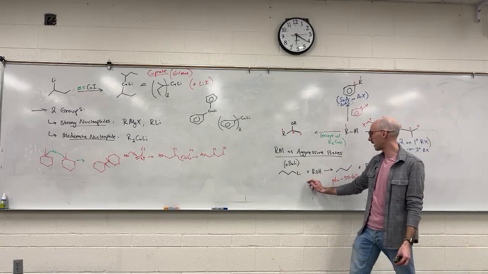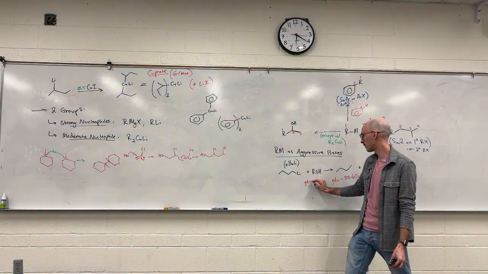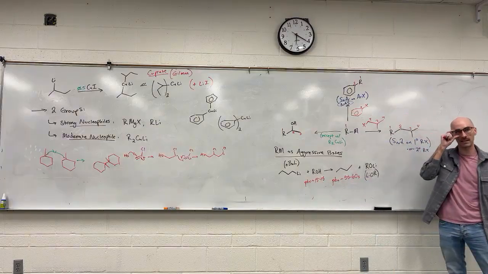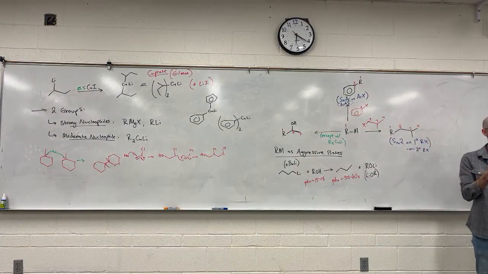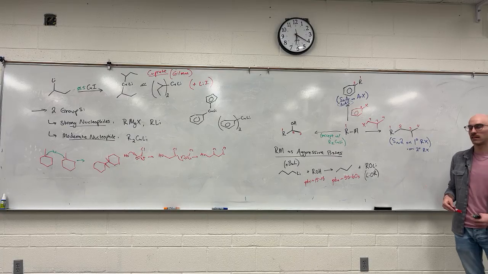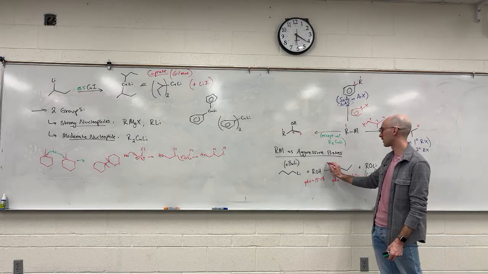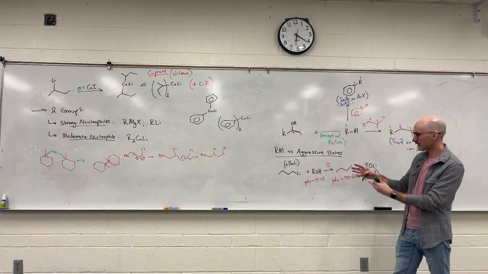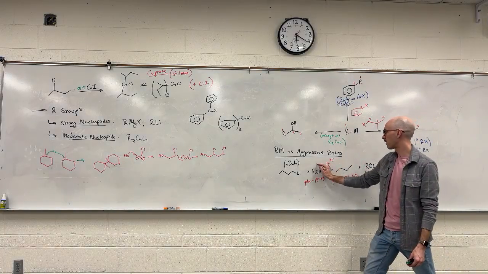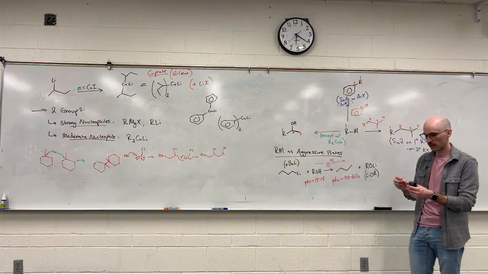Alcohol, pKa in the teens, 15 to 18. Good acid or bad acid? Yeah, moderate acid compared to the alkane, incredibly strong acid. This equilibrium has a difference of 10 to the 35 favoring the products.